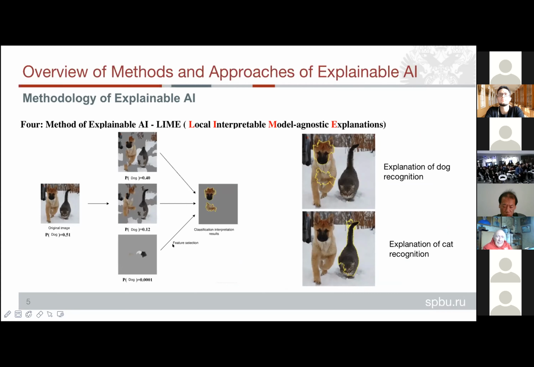And finally, we can get the result of the explanation in this picture. We can see the model recognizes that this picture has a dog like this, and explains the cat like this.